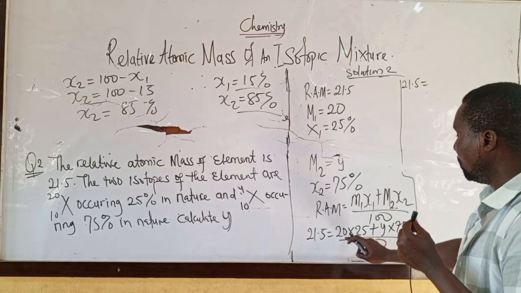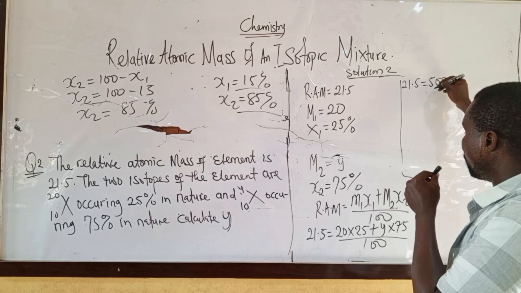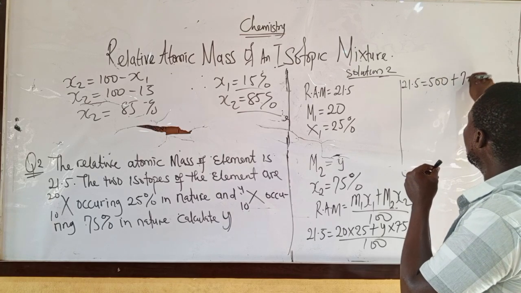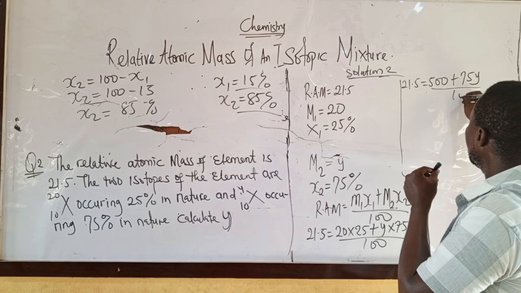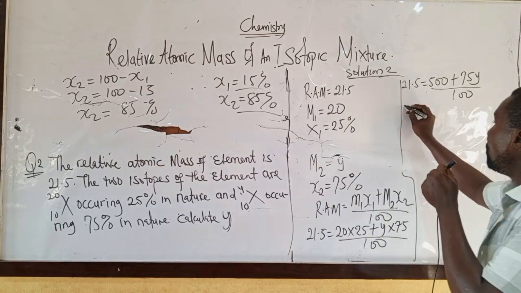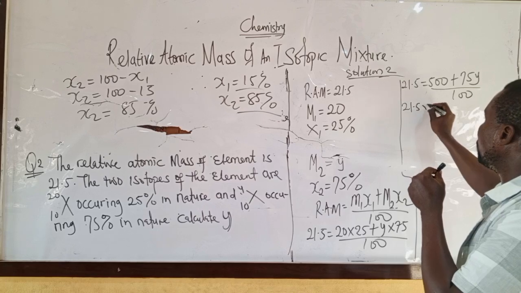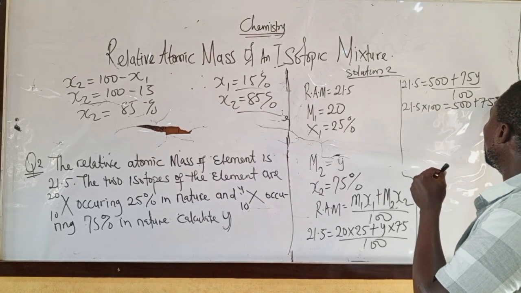21.5 equals 500 plus 75y, all over 100. From there, cross multiply. You have 21.5 times 100 equals 500 plus 75y.